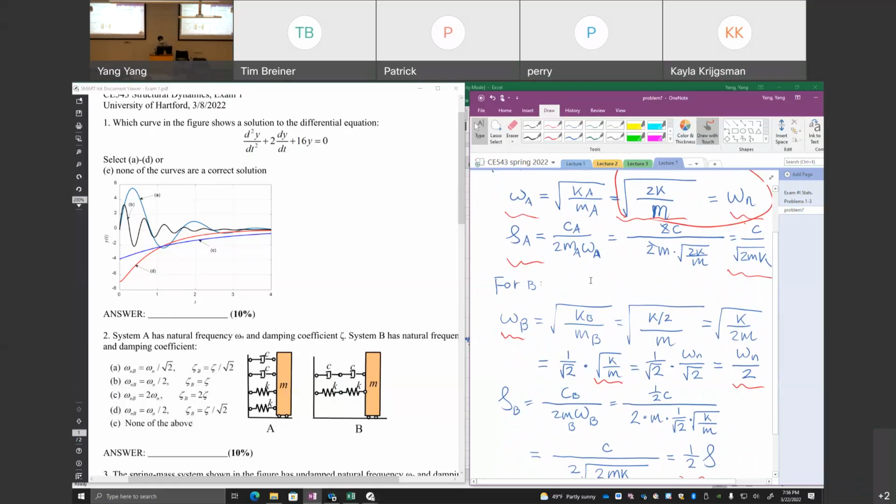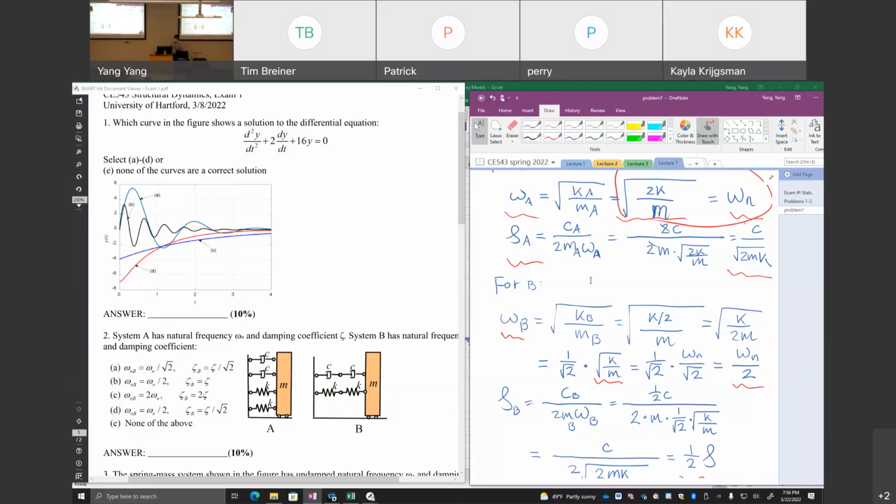The reason is that the frequency and the damping ratio for A are given to us, but we would like to know the relationship between the damping coefficients as well as the spring constant and the given parameters. It's only in that way we can compare the natural frequency between A and B, and the damping ratio.